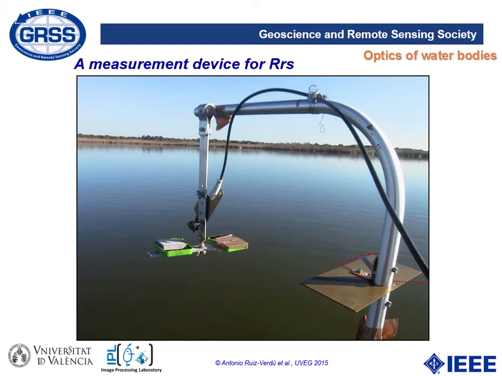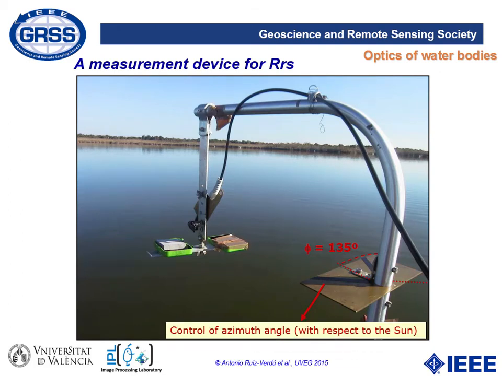Here you see a not that typical, but a handmade device using a radiometer with a fiber optic for measuring remote sensing reflectance. This device controls the azimuth angles by just projecting the shadow of the bar to see the sun direction. Then we can also control the zenith angle of observation.